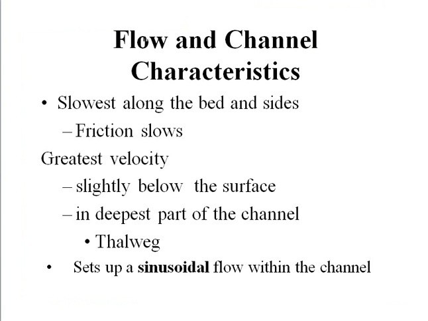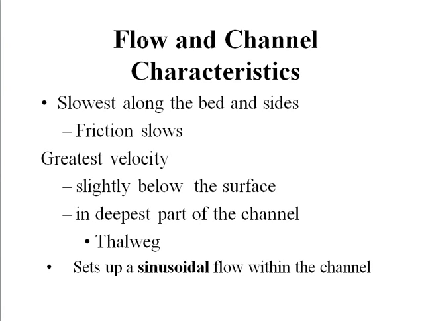Looking at how those meanders happen or don't happen, you really need to understand the flow characteristics. Again, the water flowing along the beds and sides of a channel is going to be slower because there's friction slowing that down. There also may be rocks and roots and other things in the water column.